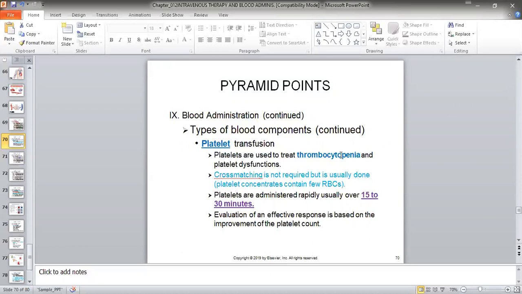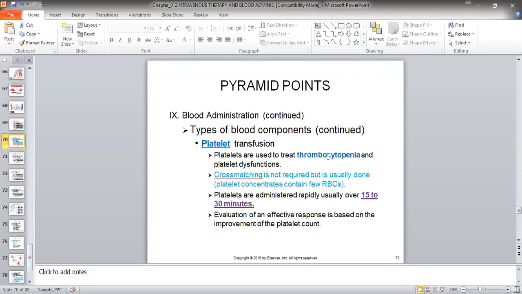Imagine a patient has aplastic anemia and the bone marrow does not produce any red blood cells, any white blood cells, and any platelets. The patient develops anemia, leukopenia, and thrombocytopenia: reduced red blood cells, reduced white blood cells, and reduced platelets. This combination is called pancytopenia.